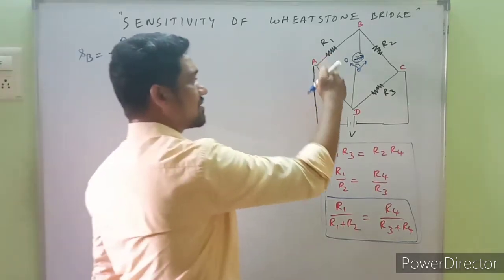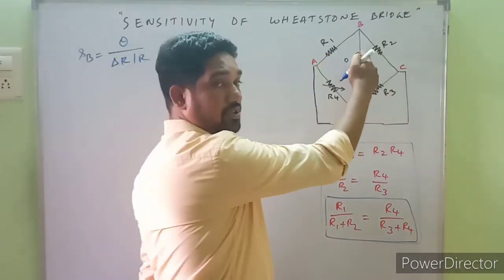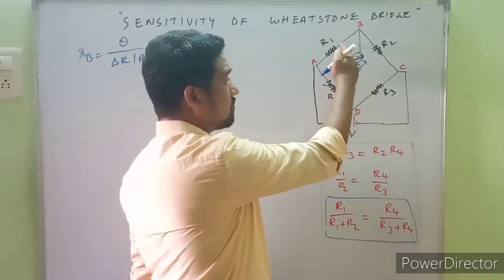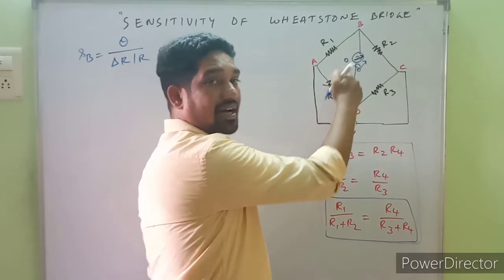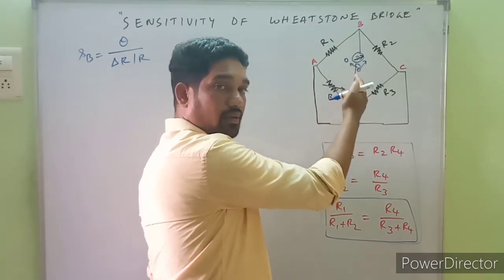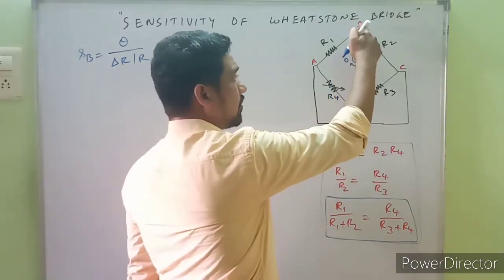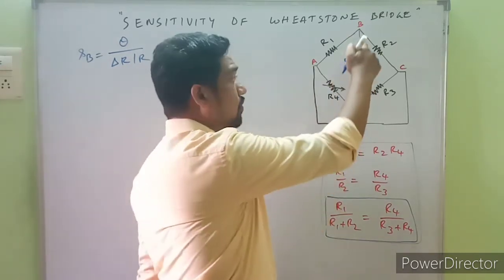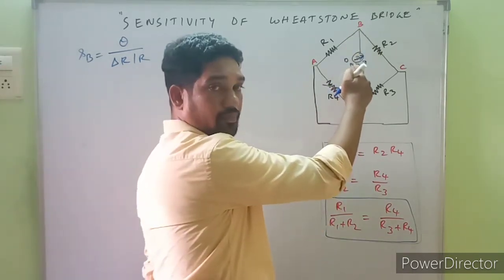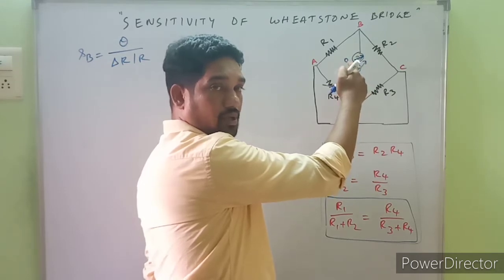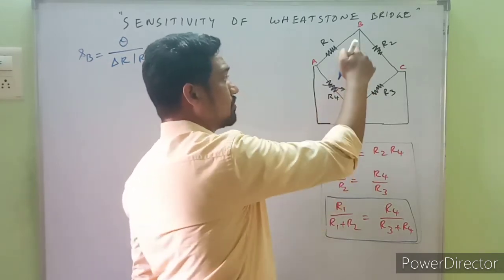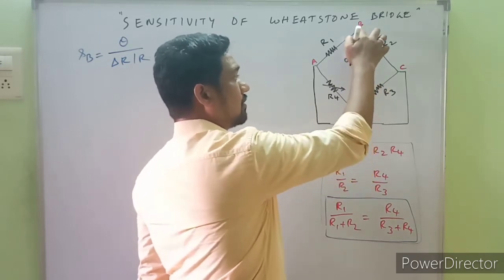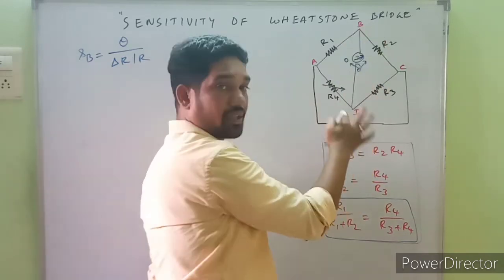When all the resistances are equal, no current flows through the detector, and so no deflection. A small change in one of the resistances unbalances the bridge. The voltage drop across either side of the detector changes. That gives rise to flow of current through the detector. So a fractional change in resistance unbalances the bridge, making the voltage drops on either side unequal.